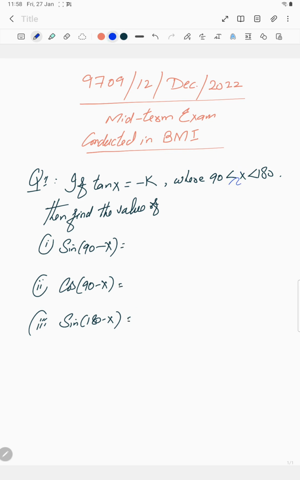Here guys, you can see your angle x is lying between 90 and 180. It means it is lying in the second quadrant. If you draw the quadrant, this is the first quadrant, 90, so it means here it is lying somewhere. Suppose the angle is theta x. Along with this we are given the information that tan x is equal to minus k.